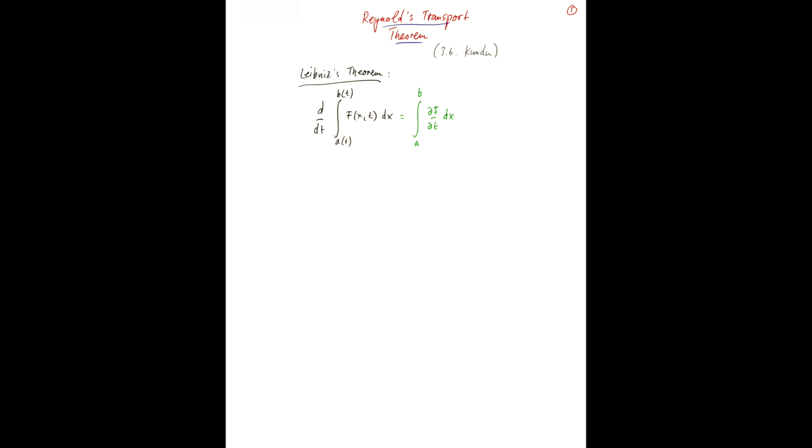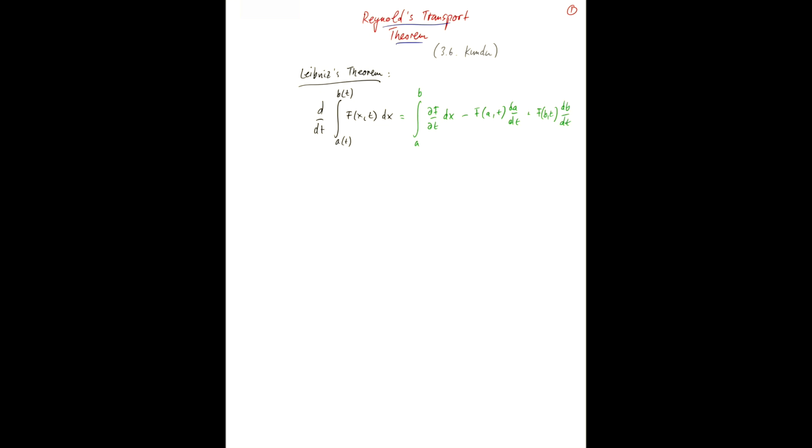This is essentially the change of f in itself, and then you have to take into account the changes due to the boundaries changing. So you subtract f at a and t times dA/dt, and you add f at b and t times dB/dt.